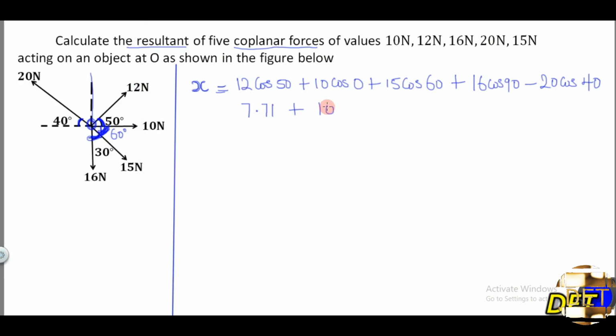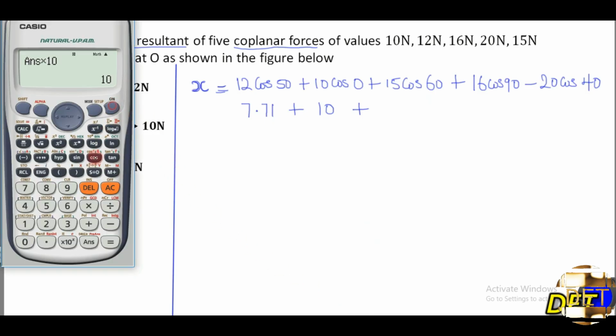So that will be plus 10, plus 15 cos 60. So cos 60 is equal to 0.5. So 0.5 times 15 is equal to 7.5.